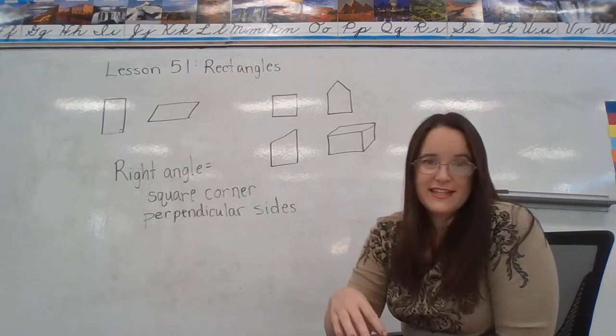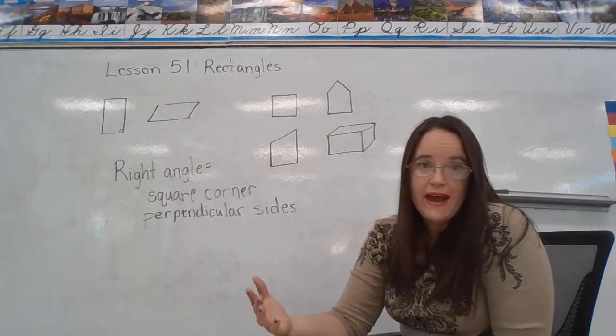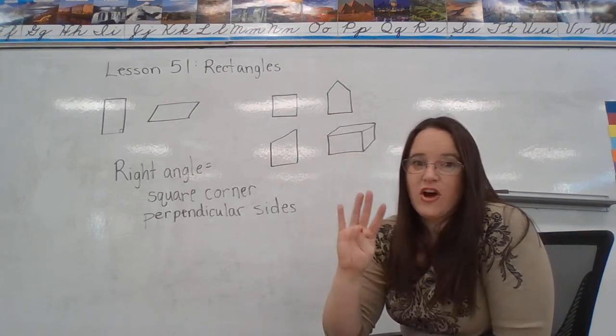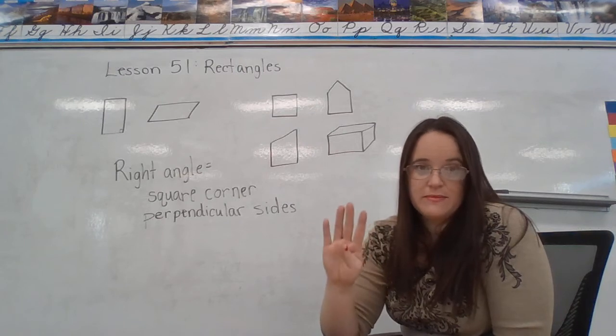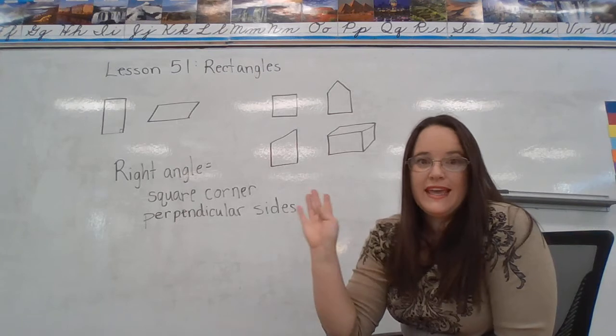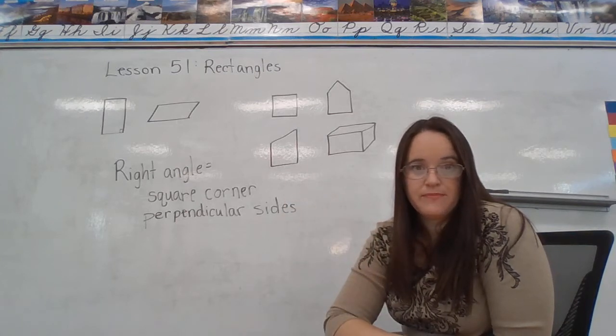So I'm going to add this about squares, and then we can discuss that statement. In order to be a square, it has to have four sides, four right angles, and all four sides have to be the same length. We call that congruent. In a rectangle, do all four sides have to be the same length?